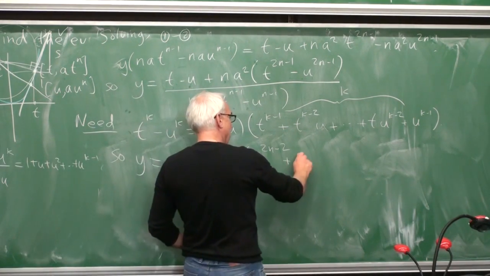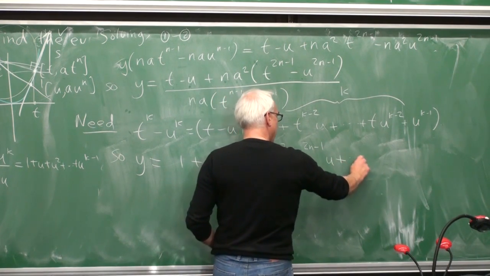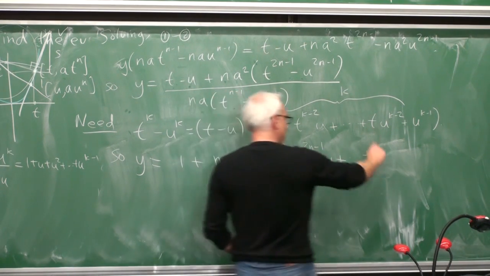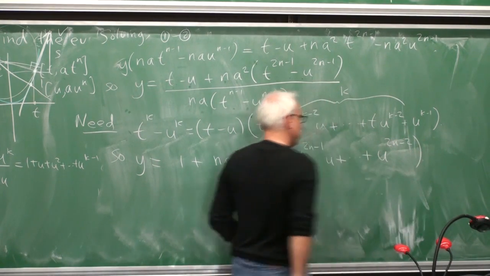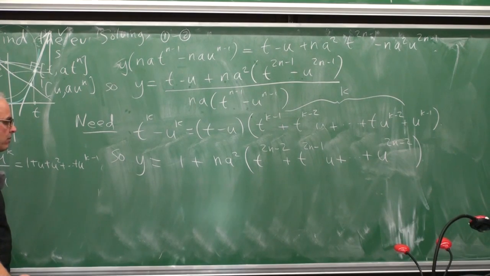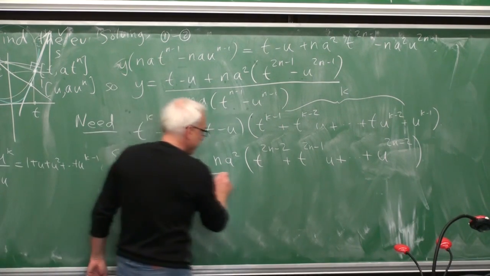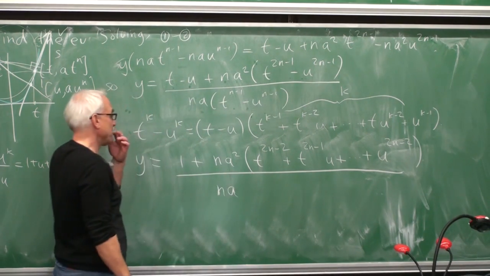And decrease in powers of t, 2n minus 1 times u. And then they go all the way up to the last one, u to the 2n minus 2. And on the bottom, we had n times a.